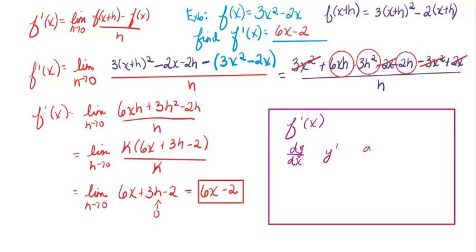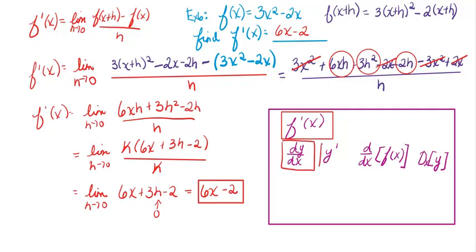Another notation is d over dx of f of x, which really is the same thing as the dy over dx, because f of x is just representing y. Or you could take the capital D, derivative, sub x, brackets y. Okay, so those are all different notations that mean the derivative of f at x.